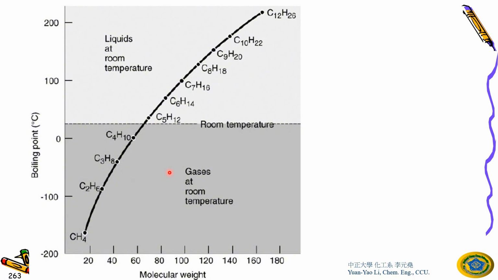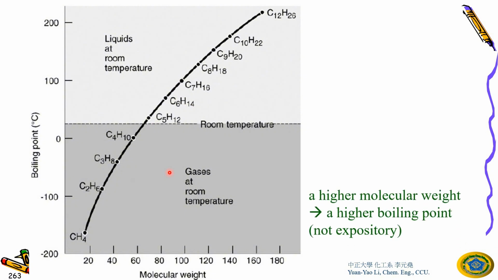No, we don't talk about it in this way, because normally we think that a higher molecular weight will have a higher boiling point. From these figures, it will be easy to understand this way. However, this is not exactly right. When we talk about gas or liquid or solid, we always talk about the polarizability. This is important.